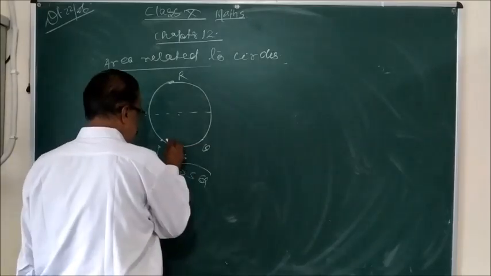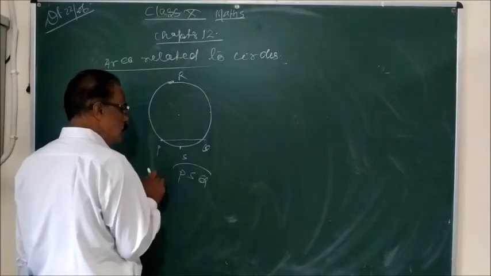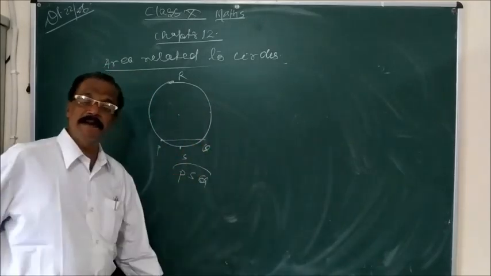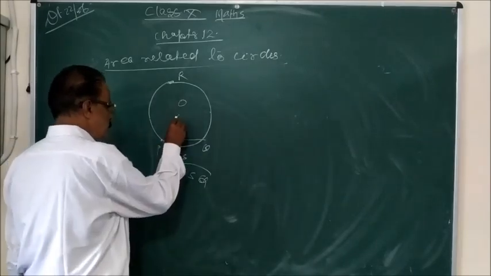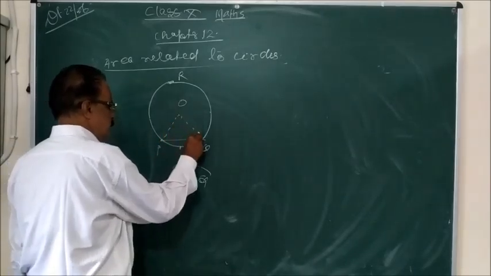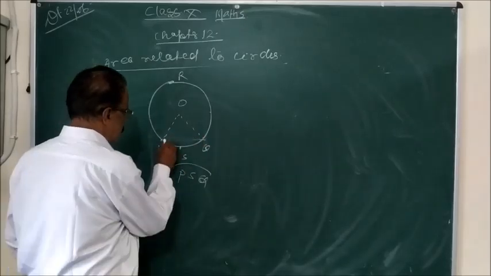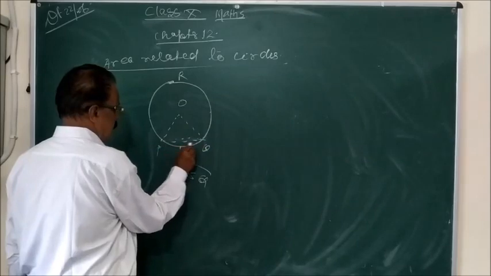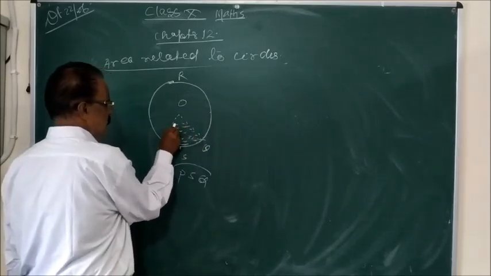And now you see, if you join PQ, so this PQ will be the chord, and this is the center. And if you join PQ with the center, now you see this portion, this sided portion, this is called sector. So how can you define what is sector?